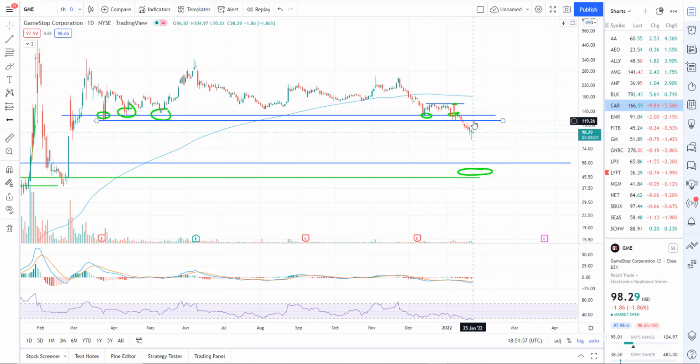There's no strength here because this was a retail meme stock that was bid up on call buying. Now that the market has corrected pretty hard and there's a lot of fear out there, there's likely not going to be a lot of strength in this stock, so we're looking for more selling on this one.